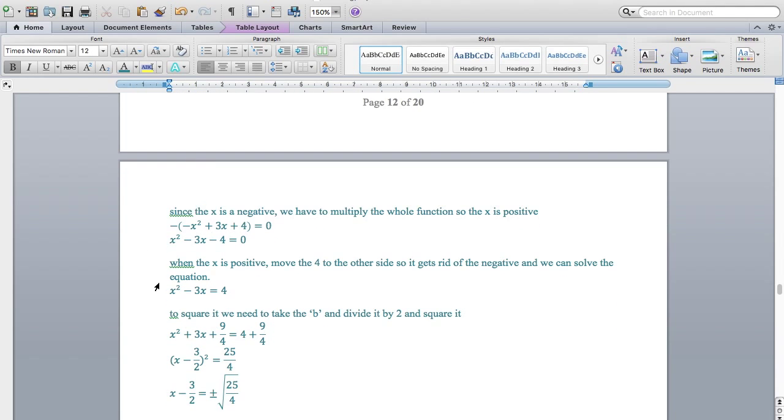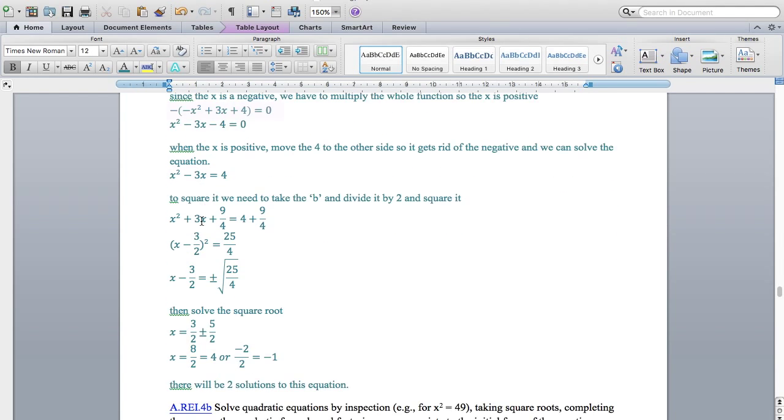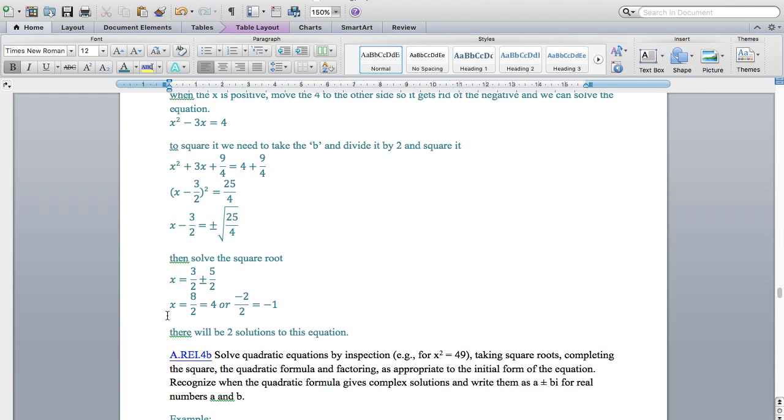So I had to use the method complete the square and go through here. And in this standard, there will be a square root. So we have to solve the square root, and there will be 2 answers since there is a negative and positive. So we have to solve it.